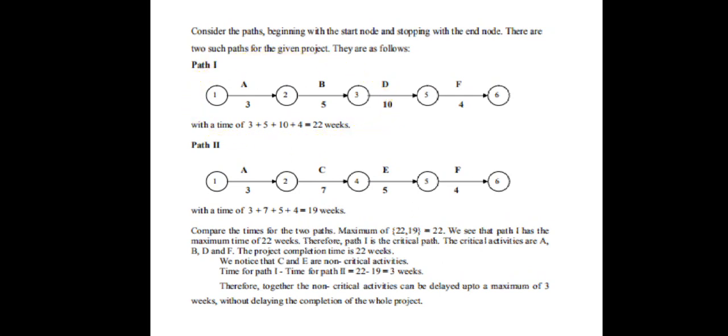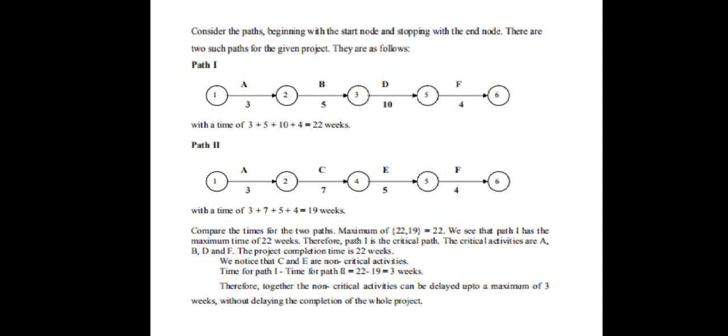So we have to identify the paths, calculate the total time duration, and compare the paths. The path with the maximum time is called the critical path. The critical path consists of activities A, B, D and F. So what do we understand by this?